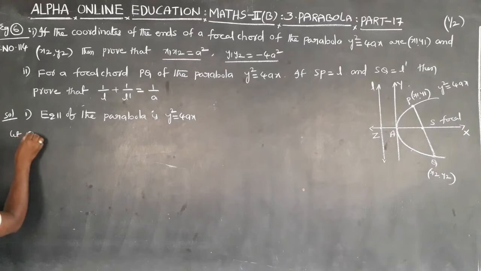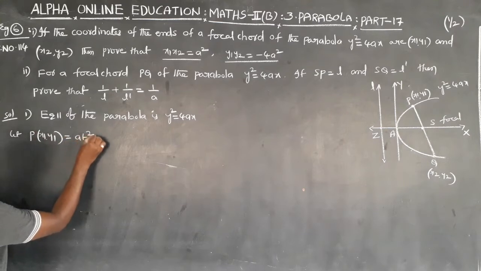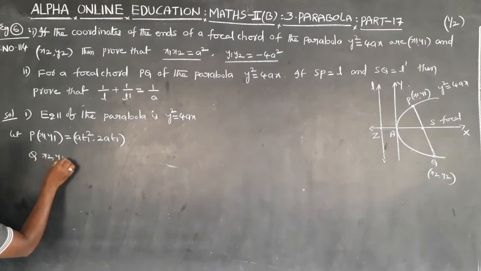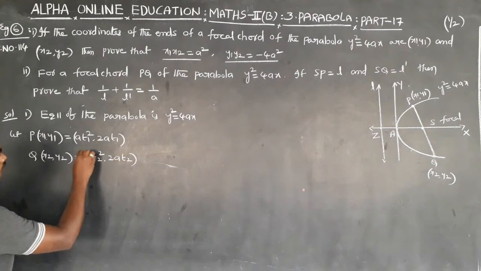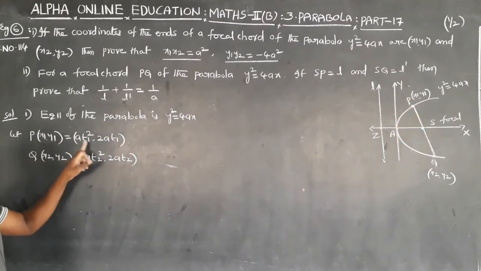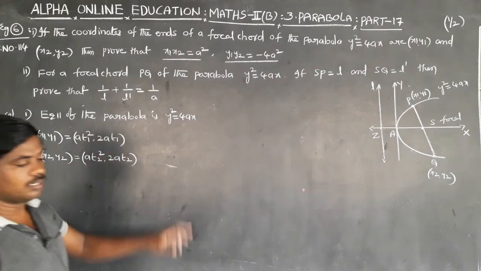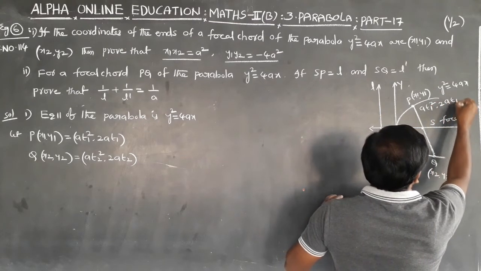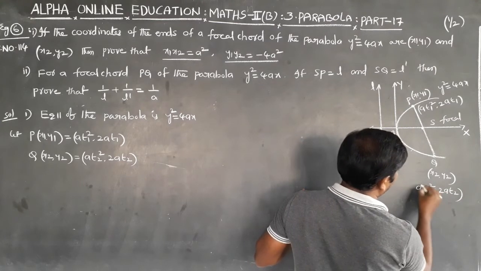Let the ends of the focal chord be P(x1, y1) = (at1², 2at1) and Q(x2, y2) = (at2², 2at2).